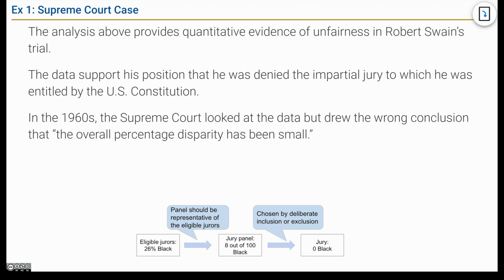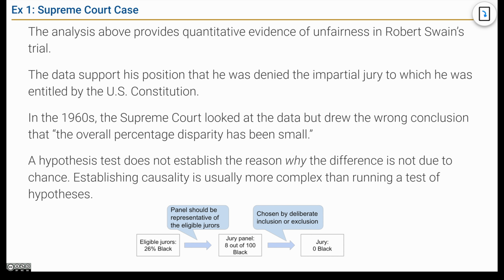Because views on what was reasonable were not only purely subjective, but they are also vulnerable to the influence of pervasive racial prejudice. So if arguments in the case had included the quantitative analysis that we did on the previous slides, the court might not have concluded that the percentage disparity was small.